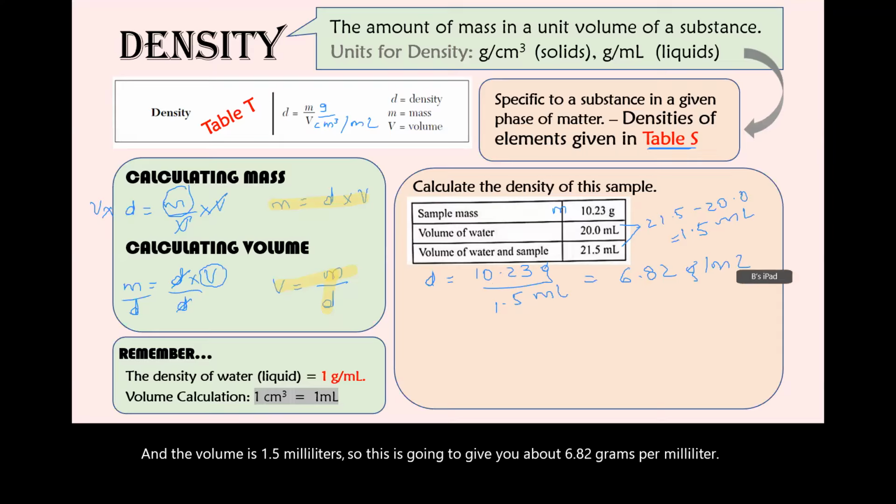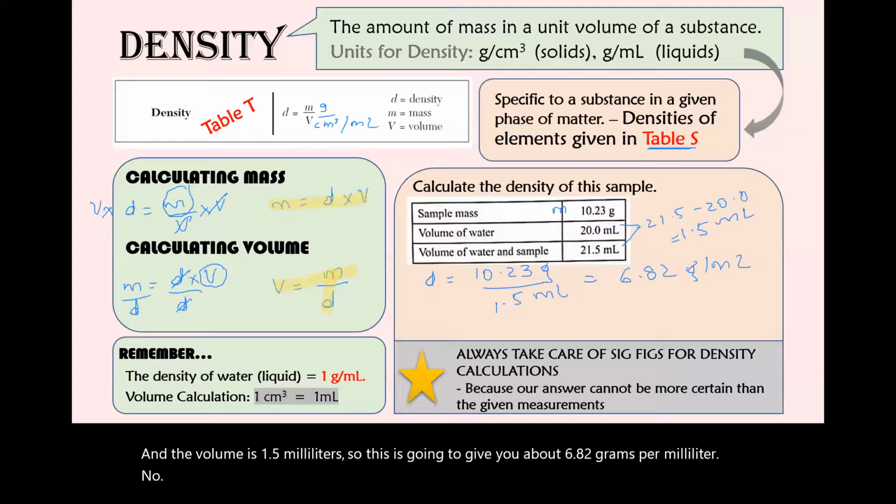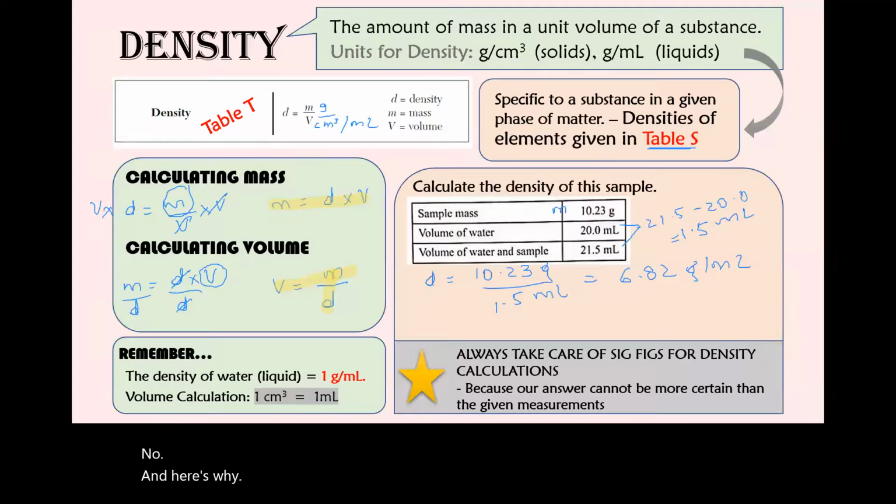Now, as I mentioned earlier, we have to take care of the sig figs for the density problems, and here's why. If you do not take care of the sig figs, what you notice here is that our answer has 3 significant figures.